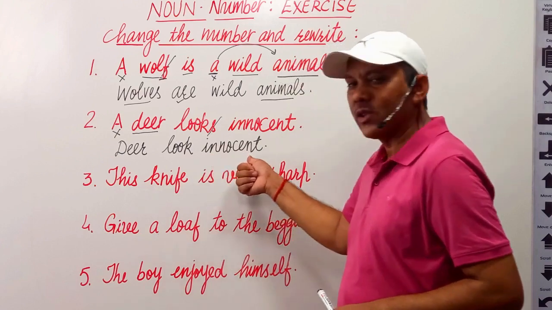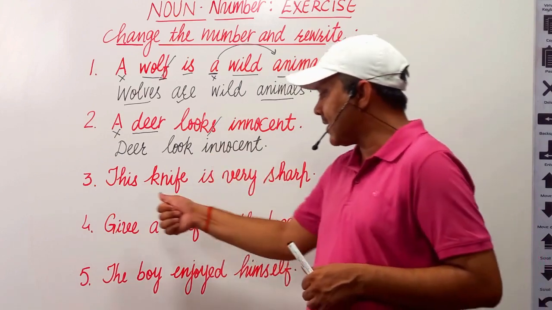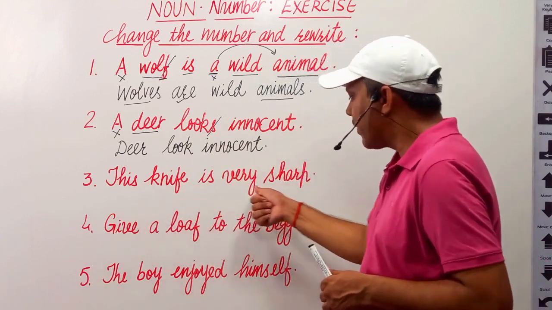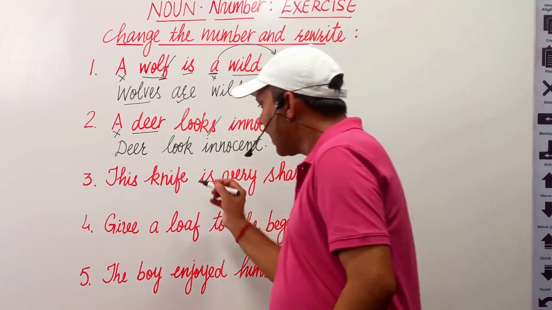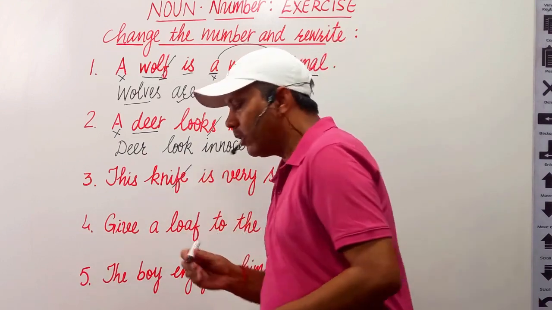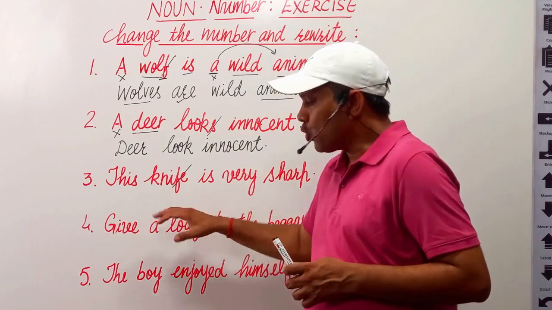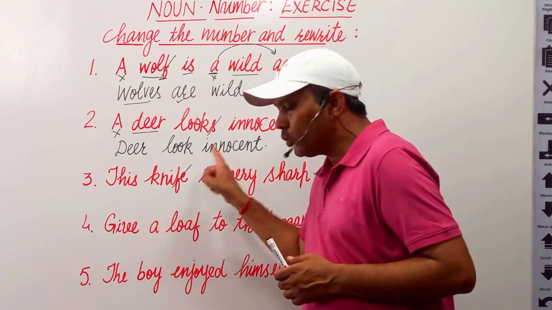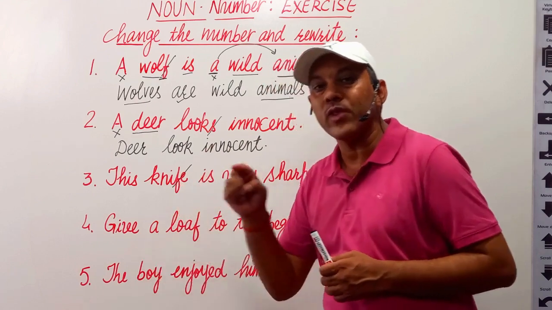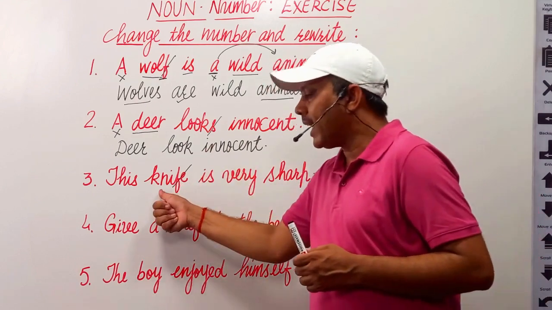Deer look innocent. And the next sentence is: this knife is very sharp. Now again this is a singular noun ending in FE. To make it plural, we have to remove FE and add VES to KNI.